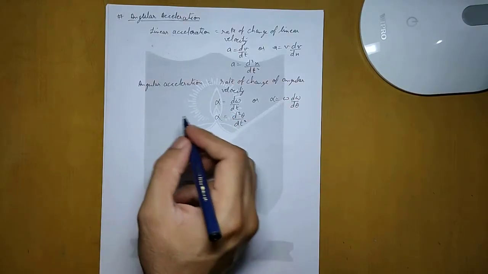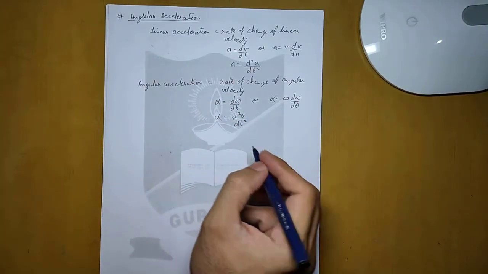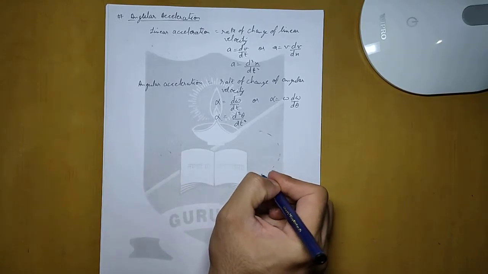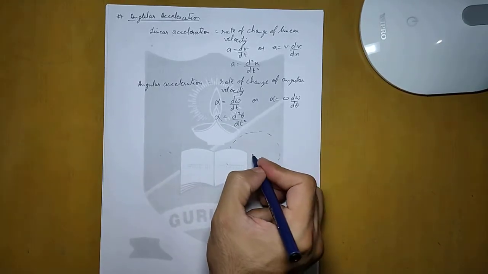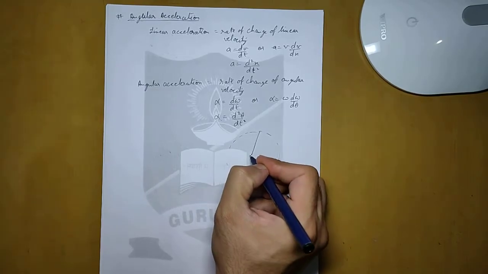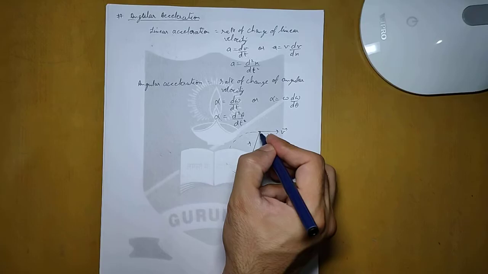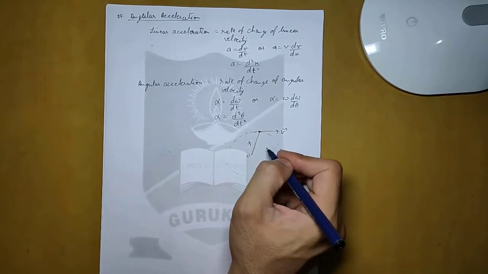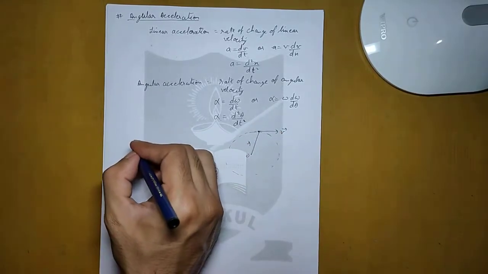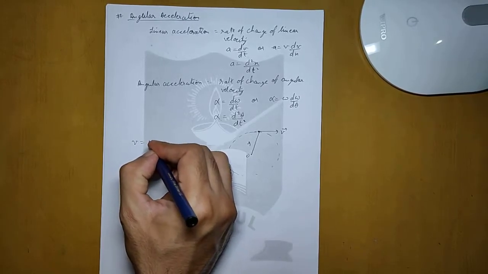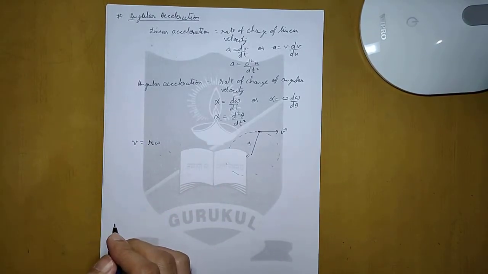Suppose a particle is moving in a circle like this. At any point the linear velocity will be in this direction, tangent to the circle, and we know that this linear velocity is related to angular velocity by v equals r omega.